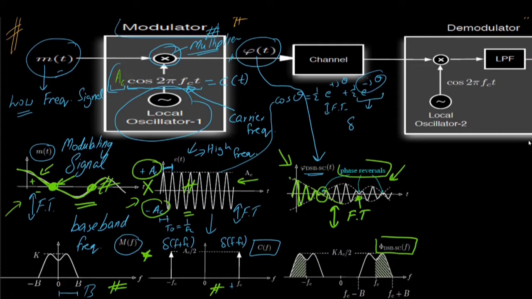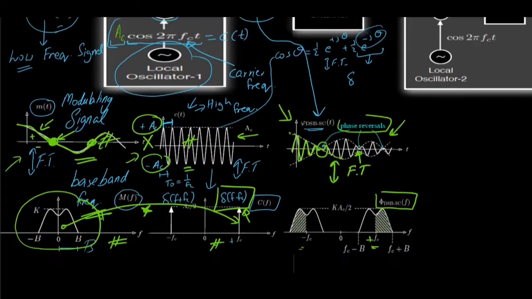From the property of a delta function, if any signal convolves with a delta function, that signal shifts to that delta function. That is why this plot is now shifted to plus fc and minus fc. So now we have the time domain plot of double sideband suppressed carrier as well as its spectrum.